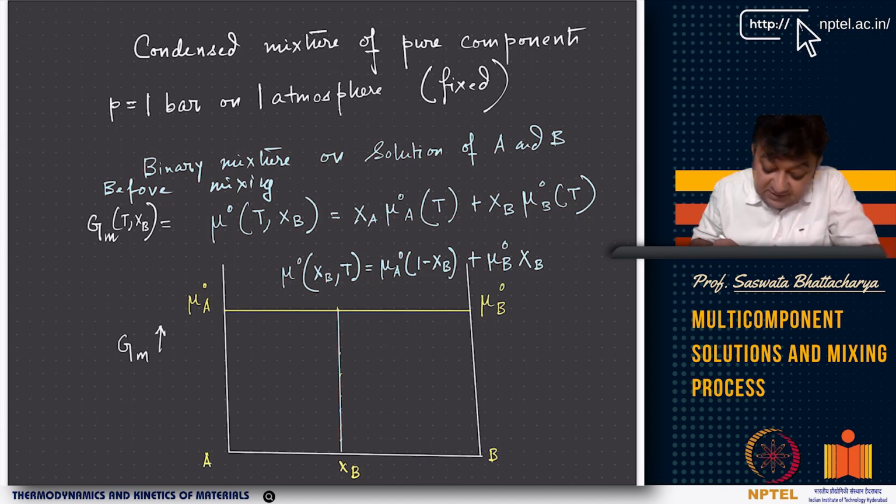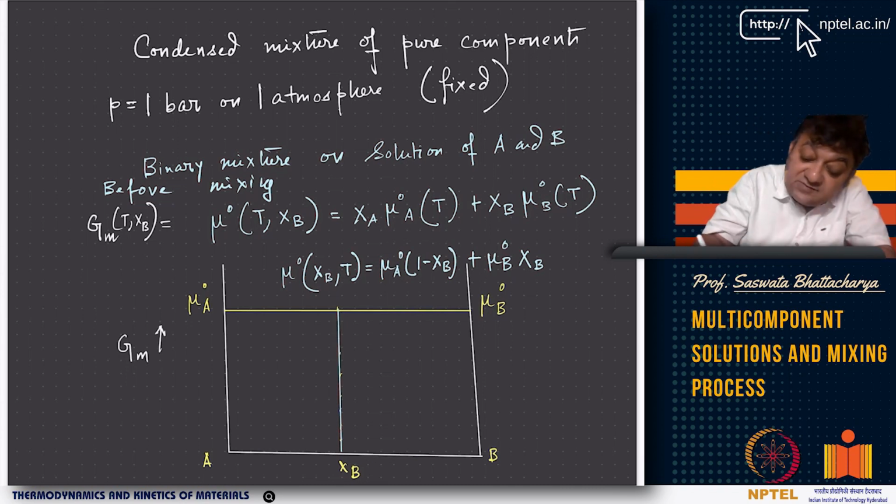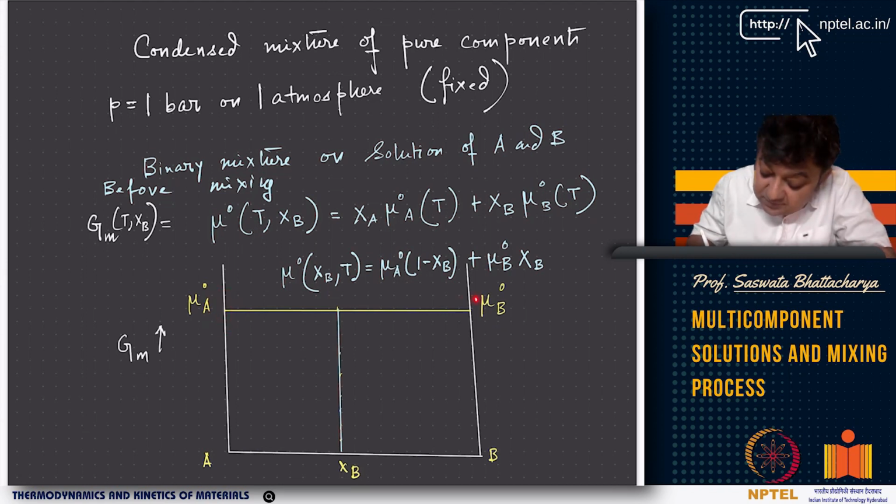Now, as you can see, you have this mu a 0 and this mu b 0. Nothing much has changed. So this point is mu a 0 and this point is mu b 0.